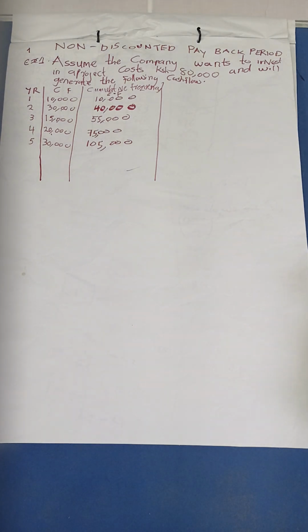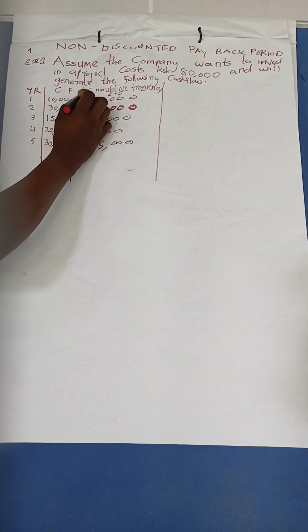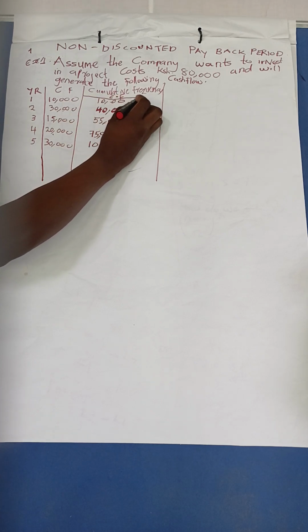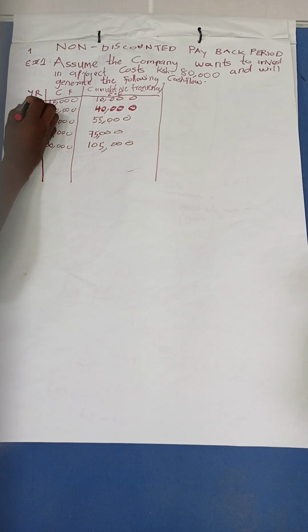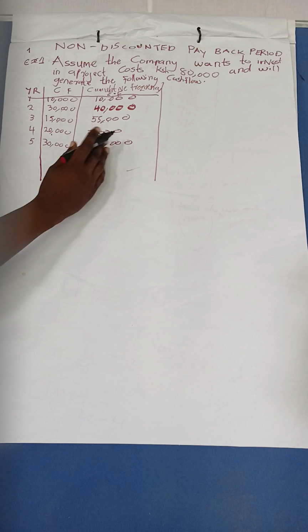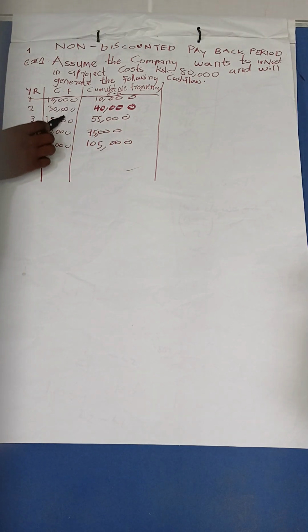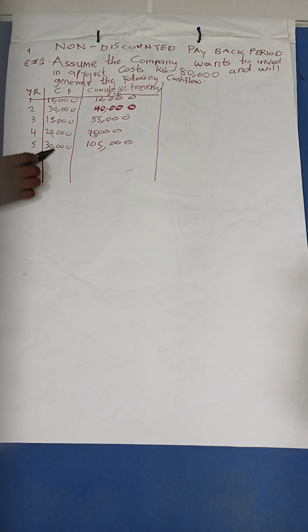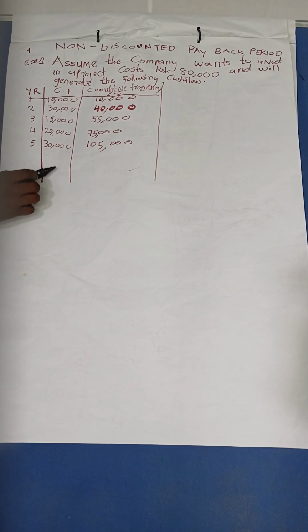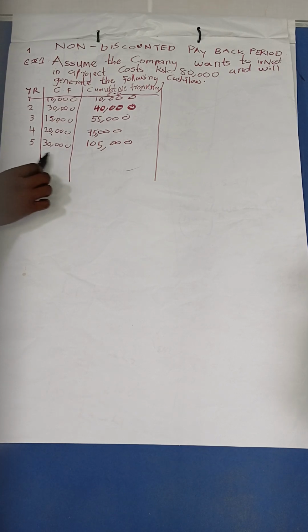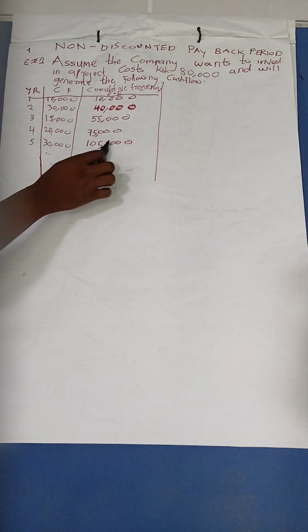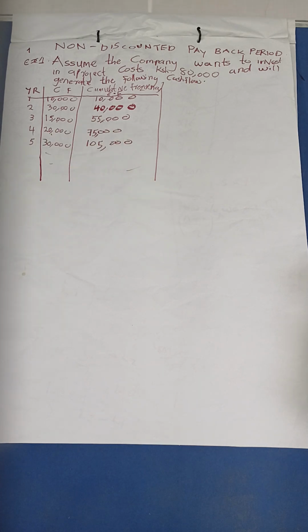Now, I always advise that to be assured that your cumulative frequency column is correct, you can just add the total cash flow of the years. It must match the figure you get down here, the 105,000. So that is the cumulative frequency column.